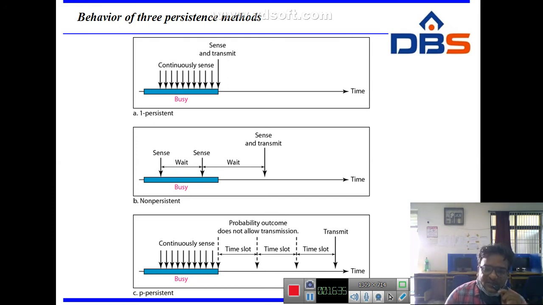Depending on that probability, the transmission from transmitter to receiver may not be allowed. We use these methods in carrier sense multiple access, and by using them we mostly reduce collisions from one station to another station.